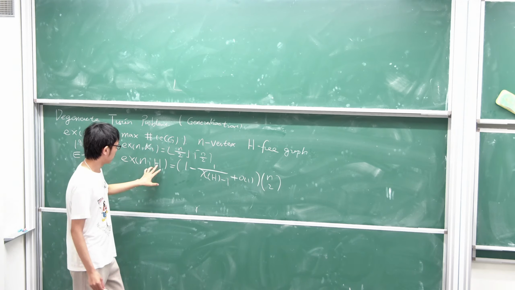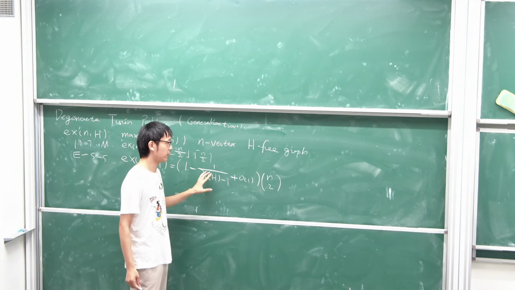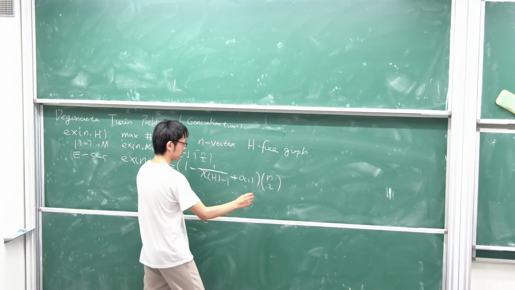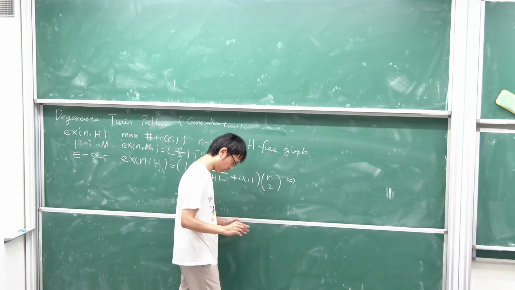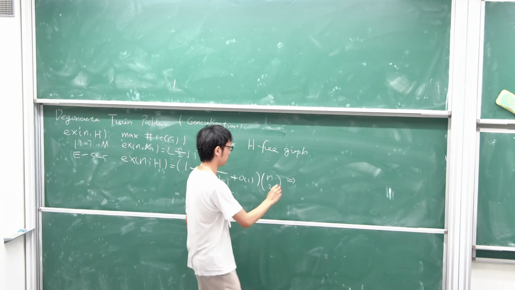If H has chromatic number at least 3, then we can asymptotically determine this function.